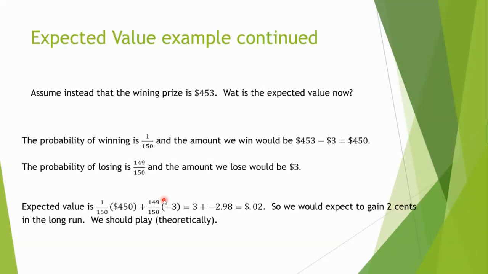So theoretically, we should play. I don't know if 2 cents is really enough of a reason to keep on playing, but the fact that we would win overall tells us we should keep playing the game. So before, the prize money wasn't big enough to play the game. Now it is, though, theoretically.